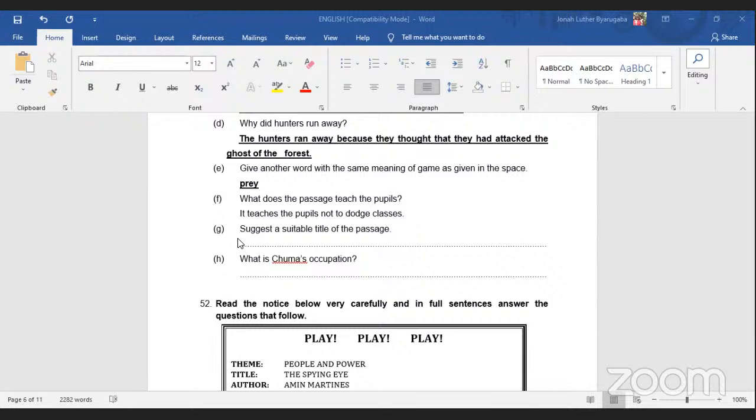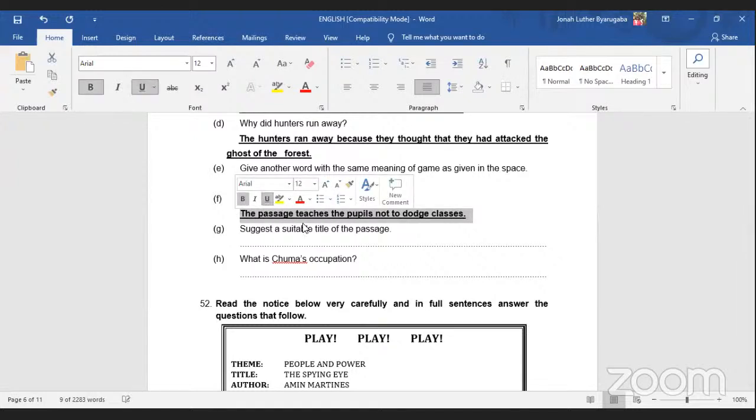So you cannot begin your sentence with "it" as if you had already mentioned it. So this "it" is the passage. The passage teaches, instead of "it teaches." Does it make sense, Lynette and Esther? Yes, that's how it ought to be.